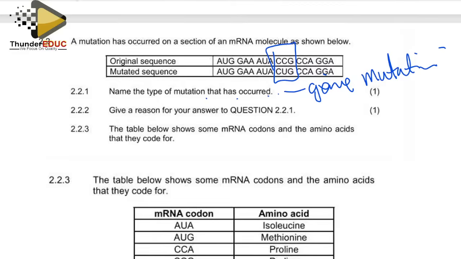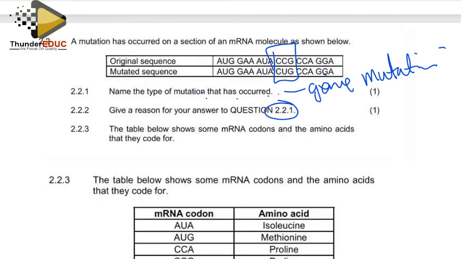So we are going to the next one. The table below shows some of the codons and the amino acids that they code for. They are saying to give a reason for your answer.